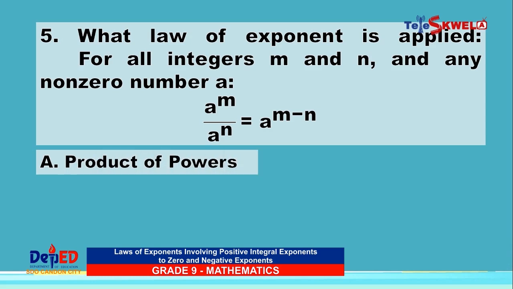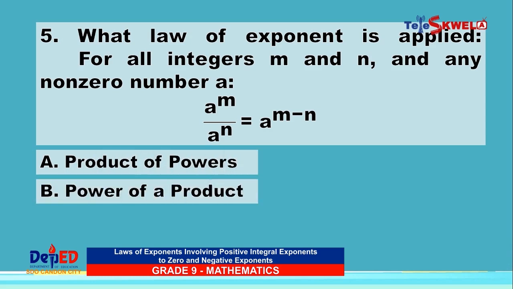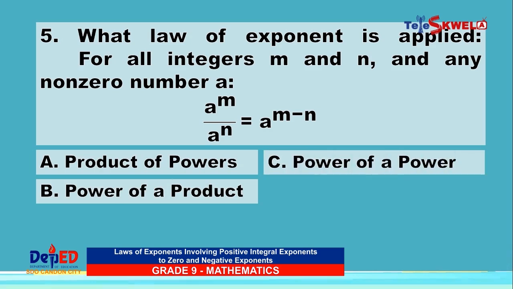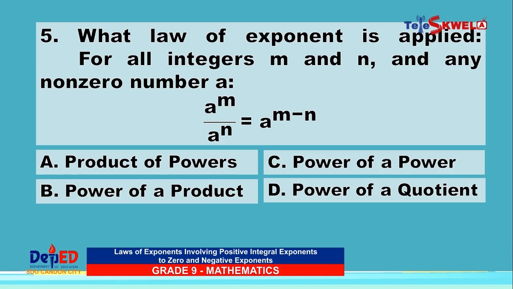A, product of powers. B, power of a product. C, power of a power. Or D, power of a quotient. The correct answer is D, power of a quotient. Very good.